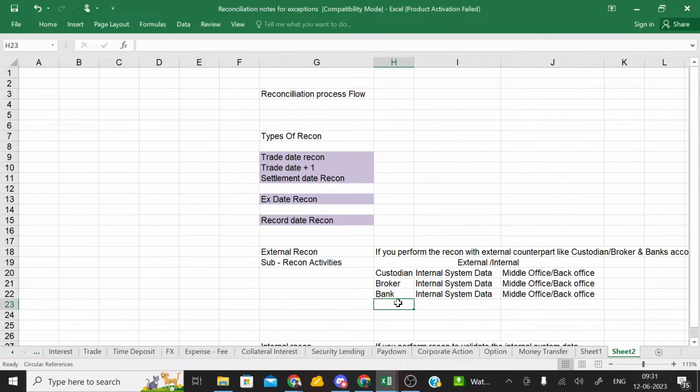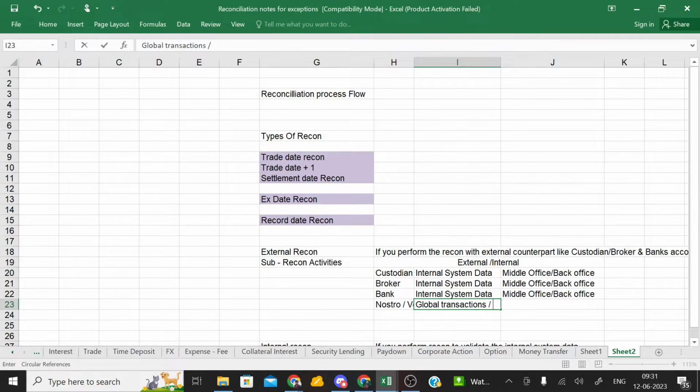Then Nostro recon. Nostro, it means global transactions.